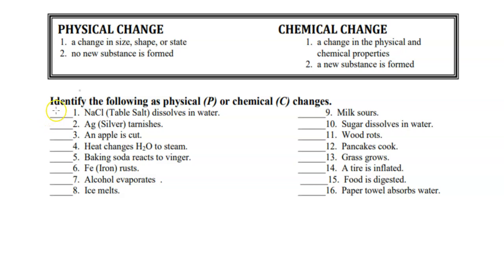Come on, you said you got it. Let me skip that one. Silver tarnish. What is going on? Okay, good. Apple being cut is physical. Heat changes water to steam. That would be chemical. Good.